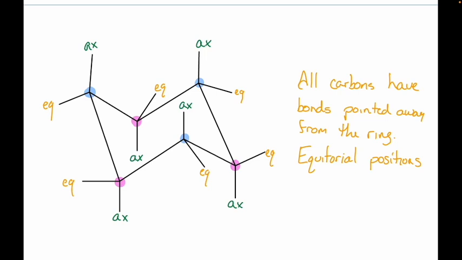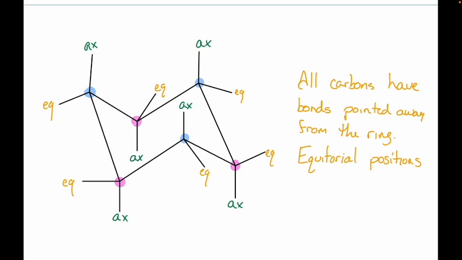All right, so let's just all look up here. I replaced all of my axial bonds. I put a green marble on there so we can keep track of them. So we see how they're all pointed either up or down in this model.